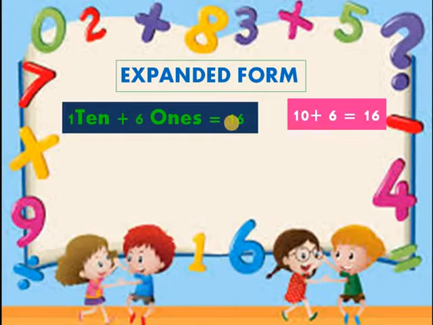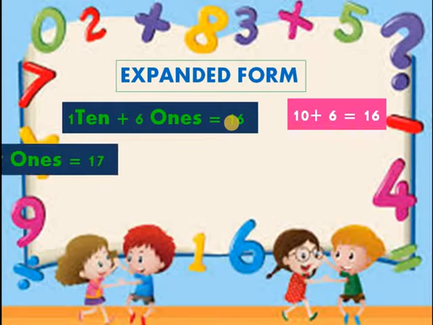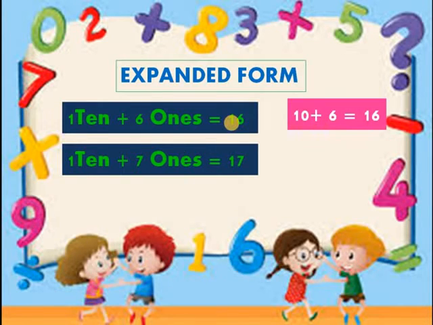Let's move to the next example. Correctly guessed, it's 16. So the expanded form of 16 is 1 ten plus 6 ones. That means in this number, in ones place we have 6, so we have written 6 ones, and in tens place we have 1, so we have written 1 ten.